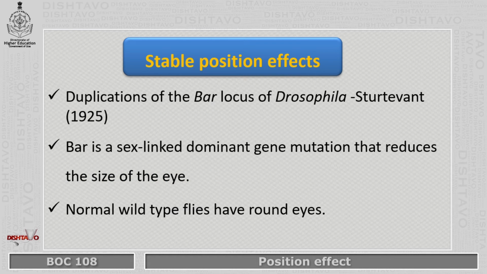Sturtevant in 1925 analyzed the bar locus of Drosophila. The bar phenotype is a sex-linked dominant gene mutation that reduces the size of the eye. Normal wild flies have round eyes.